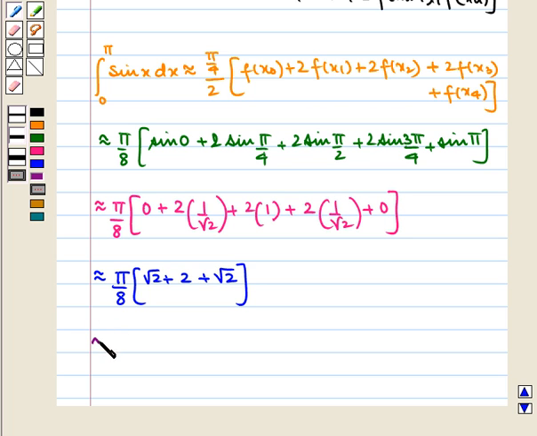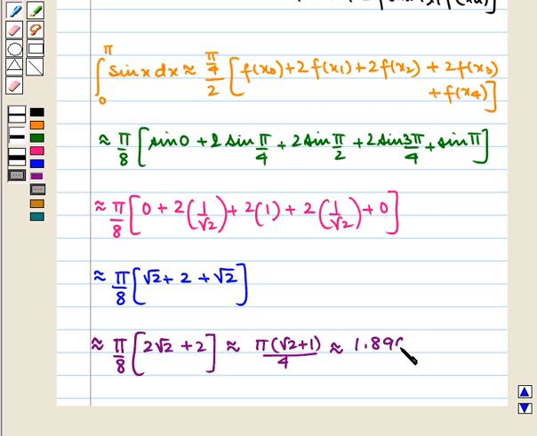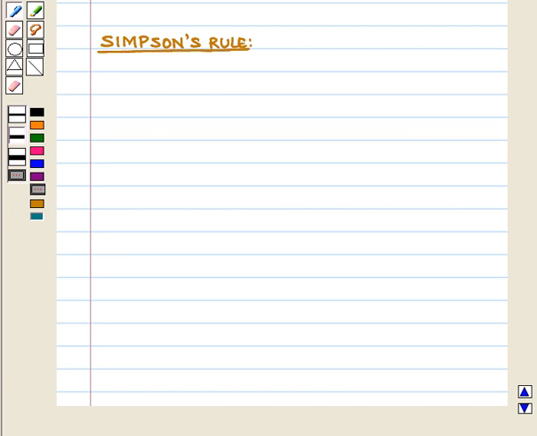That is approximately equal to pi by 8 into 2 root 2 plus 2, which is approximately equal to pi into root 2 plus 1 by 4, which is equal to 1.896. Now let us discuss Simpson's rule.